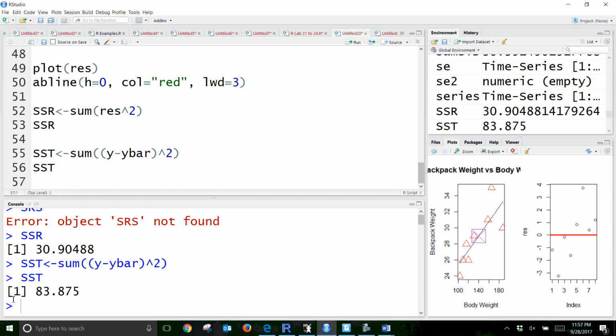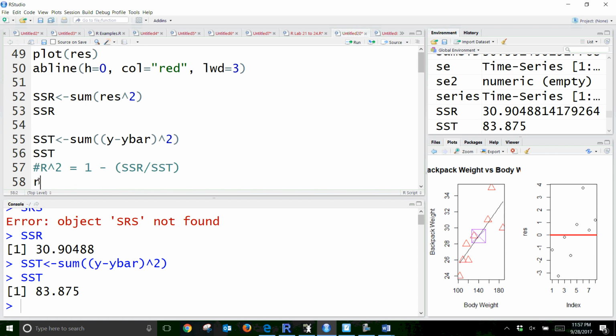So the last thing, we want to go ahead and calculate R squared. And remember, that's 1 minus SSR divided by SST. So again, the closer to 1 this number is, the stronger it is.